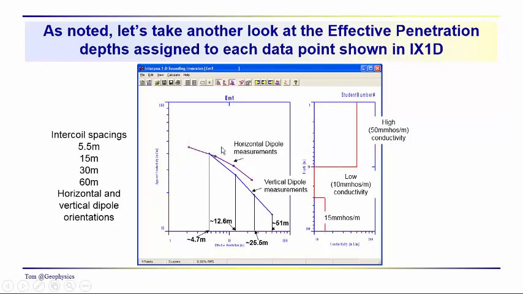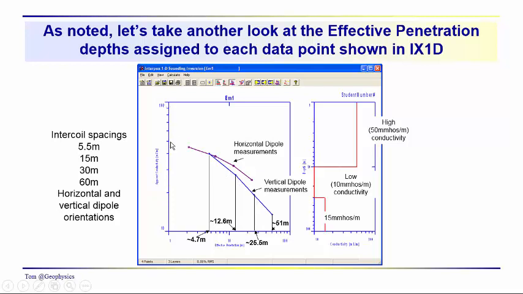Again, the assumption is that we're collecting data in areas where this assumption of a low induction number is valid. And of course, with these kinds of apparent conductivities, you can see that it is, because as we discussed before, this low induction number assumption usually starts to fall apart when the ground conductivities get above 100 millisiemens per meter.